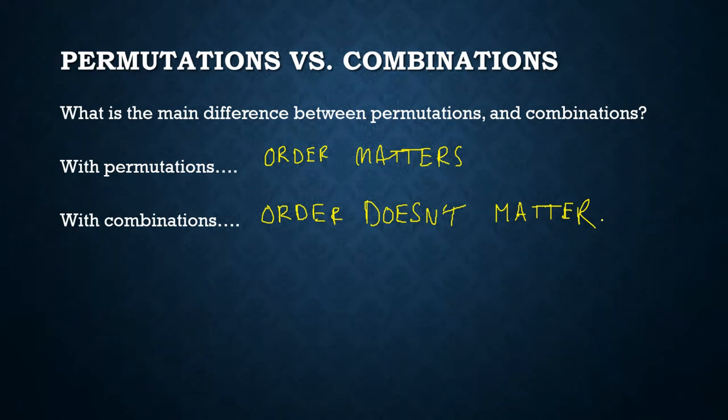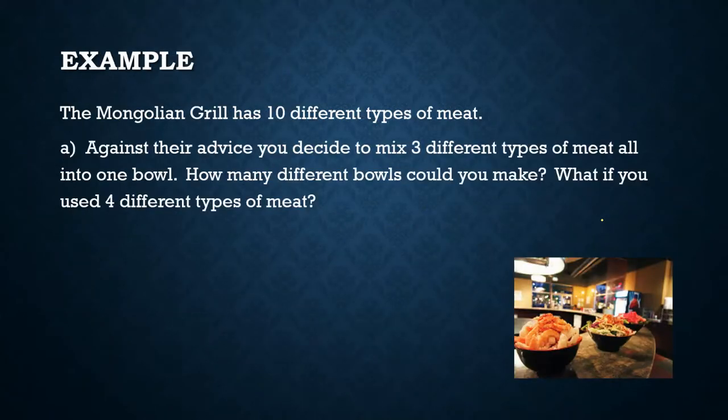So let's do some examples with combinations where order doesn't matter. Here's our first example. Not many of these are open anymore, but where I went to school in Waterloo, we had a Mongolian grill. It was one of my favorite places to eat with my friends, because you would put all these raw ingredients into a bowl that you create yourself, and then they would put this bowl on a huge stone stove top and cook it right in front of you.